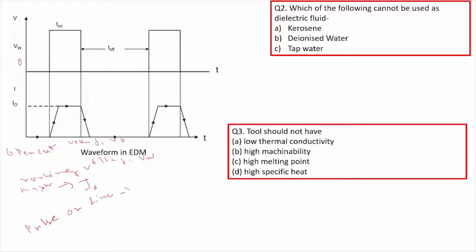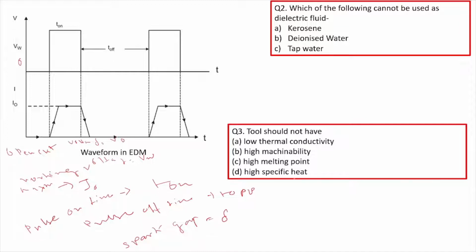Pulse on time is the duration for which the voltage pulse is applied, which we denote as T on, and pulse off time as T off. Then spark gap, which we have already seen, is delta, the gap between the workpiece and tool.